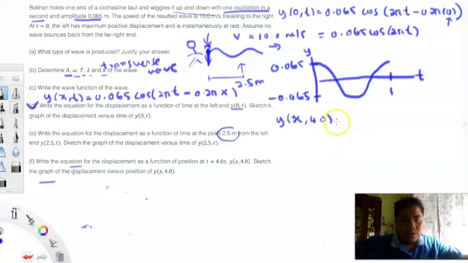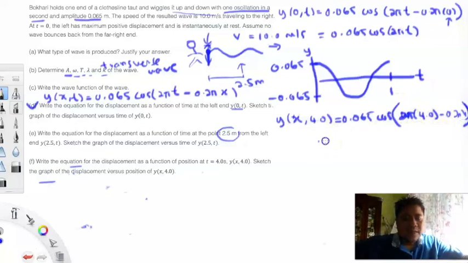Use the wave function 0.065 cos(omega t minus kx). So omega t, you have 2 pi times 4 seconds minus 0.25x.